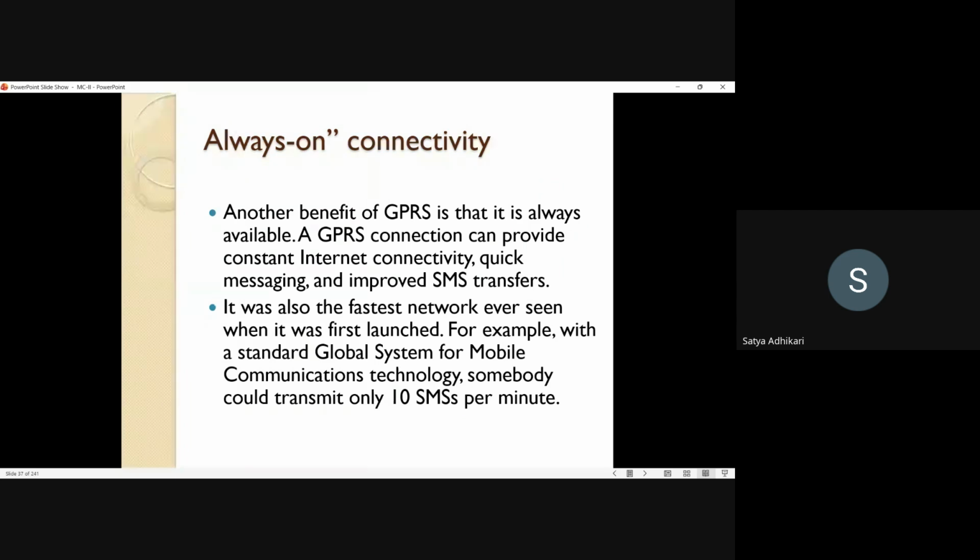So when it was first launched, it was the fastest after GSM. For example, with a standard GSM communication technology, somebody could transmit only 10 SMS per minute at that time. So it is considered the fastest network at that time when it was first launched.